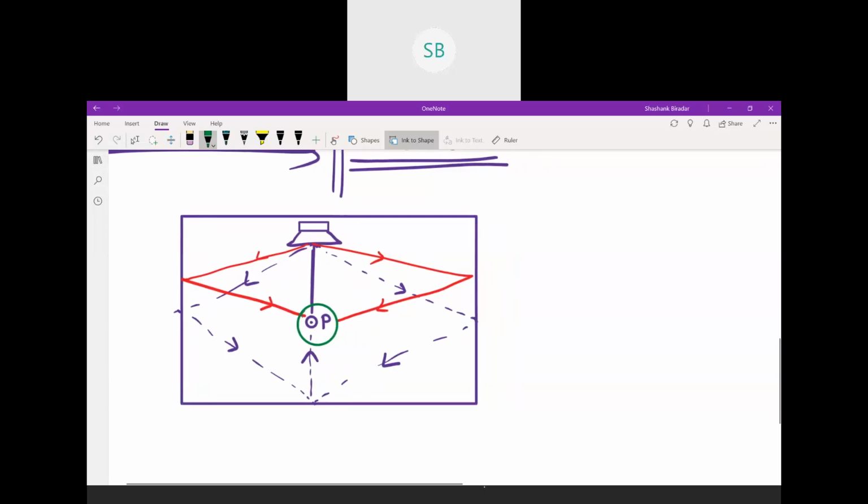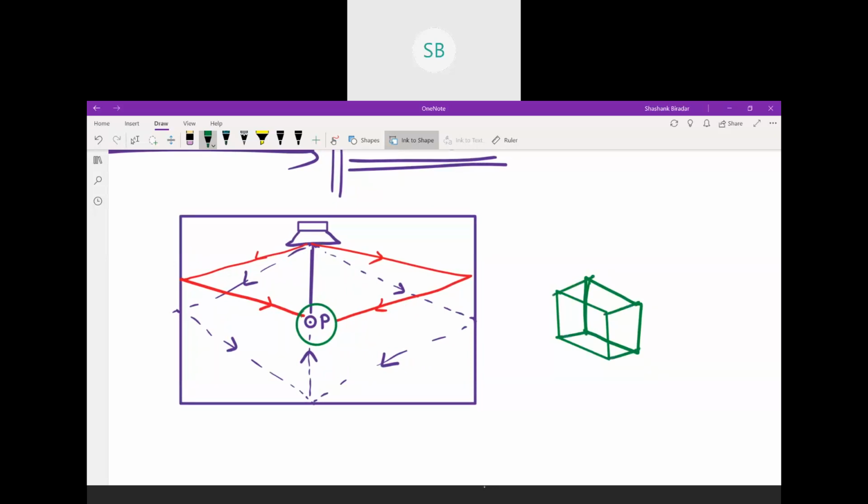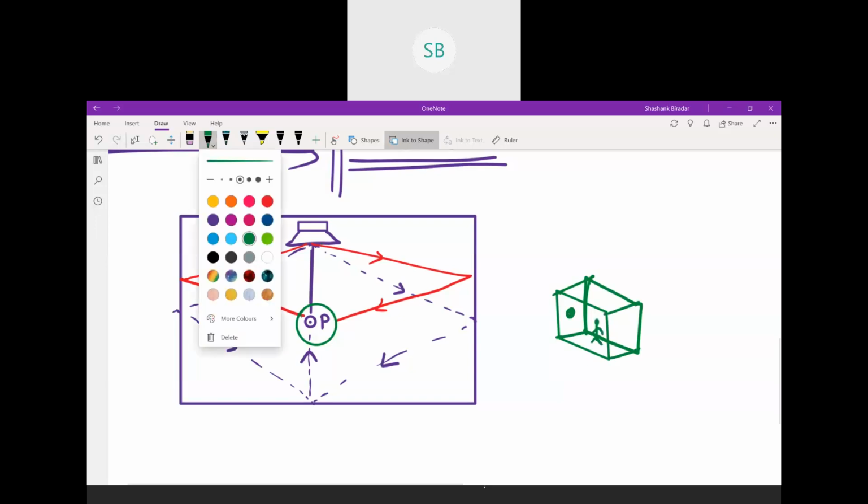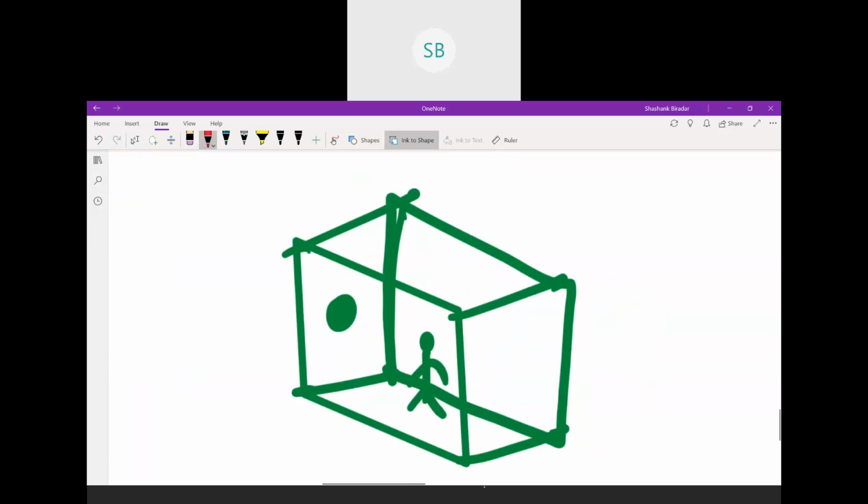Because it is basically three-dimensional, let me draw this. Here, suppose there is a speaker, and here there is a listener. Sound waves are coming to the listener from various paths.